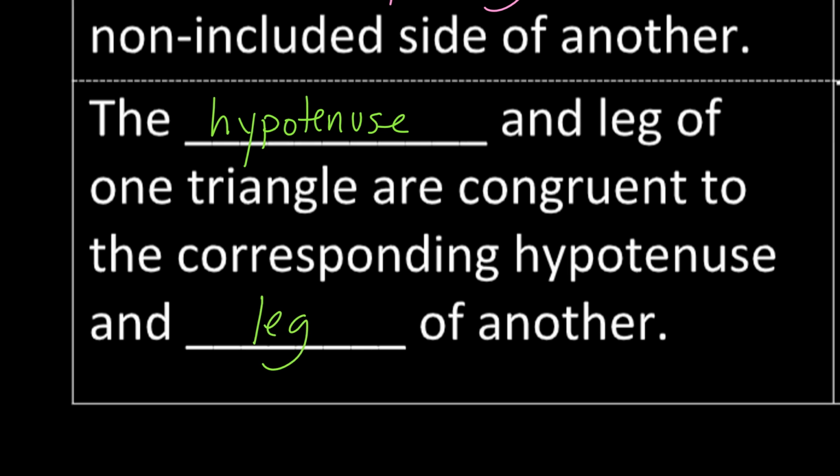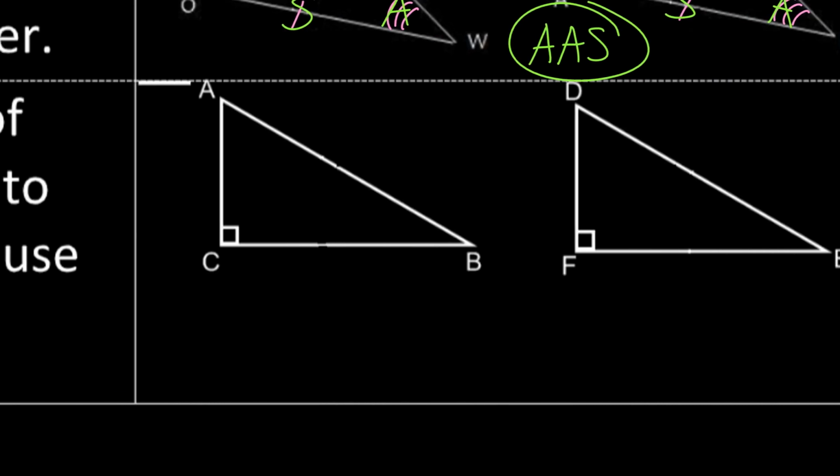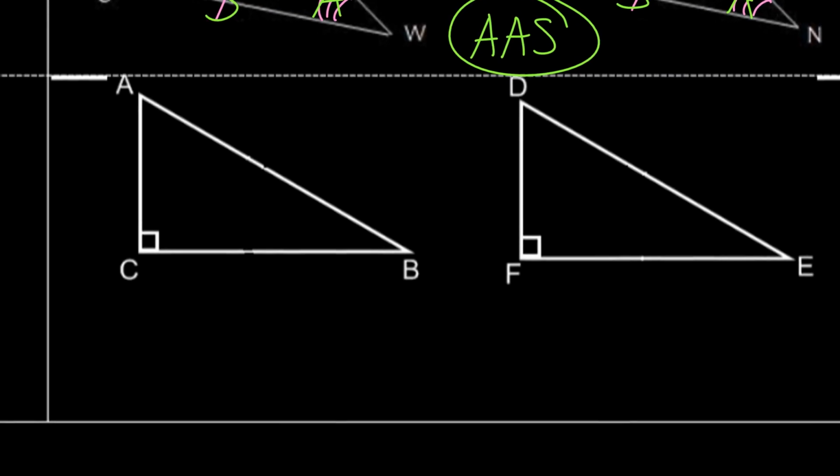Now, specifically, what type of triangle has a hypotenuse? It must be a right triangle. So over here, first thing you need to check for is, are these right triangles? Yes, they are.